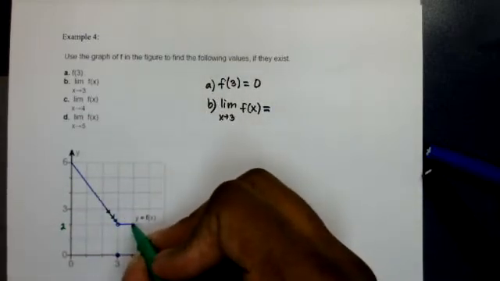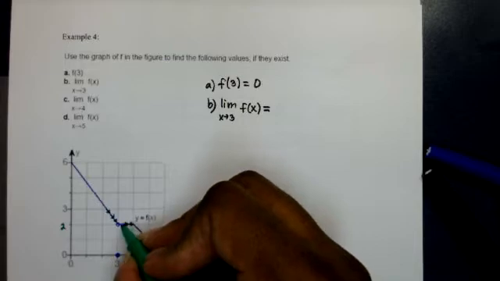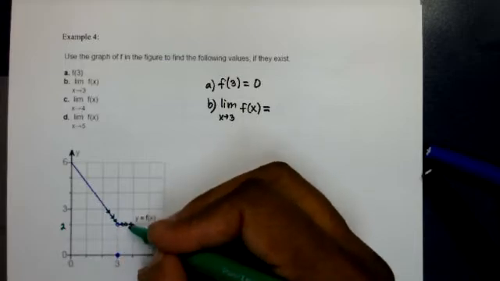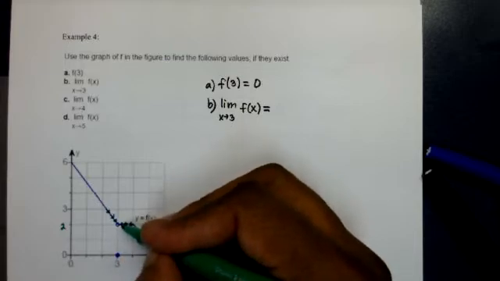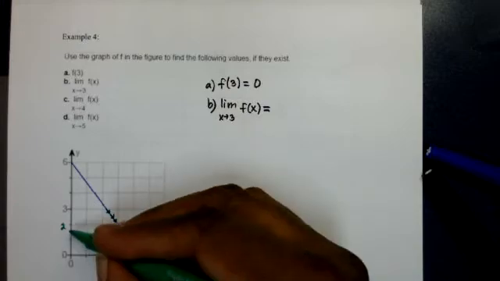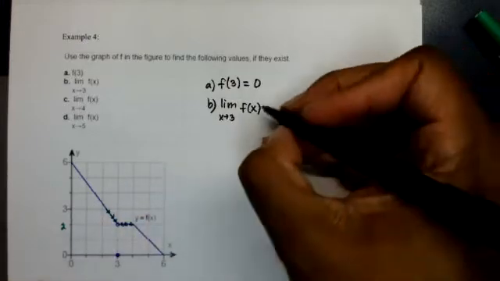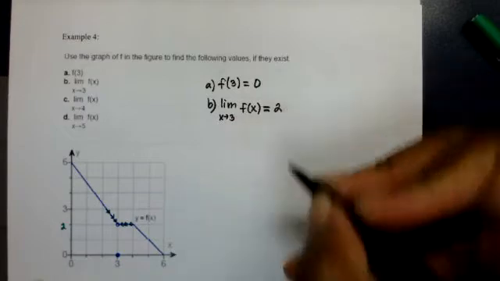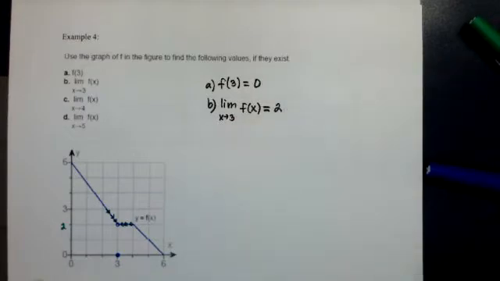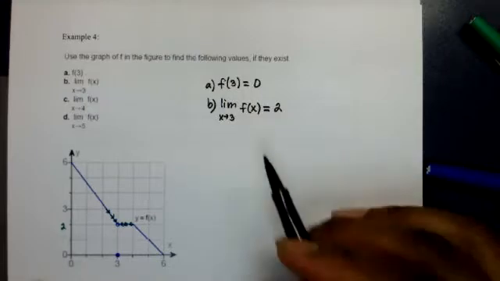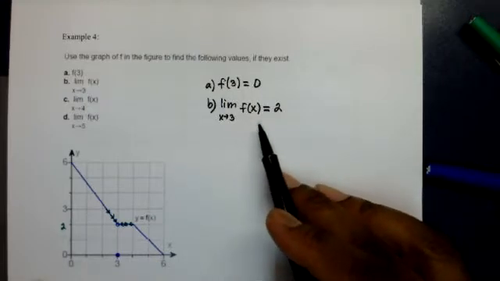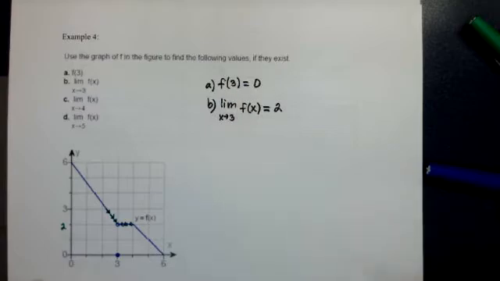And if we let x approach 3 from the right side of 3, the f of x value gets closer and closer to 2 as well. So the limit as x approaches 3 of the function f of x is 2. Now you can see that the limit as x approaches 3 of f of x is not going to be the same as f of 3.